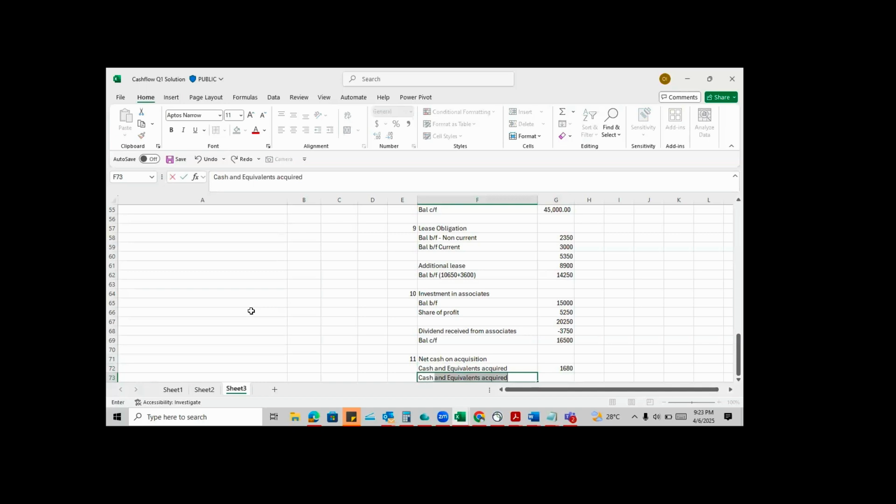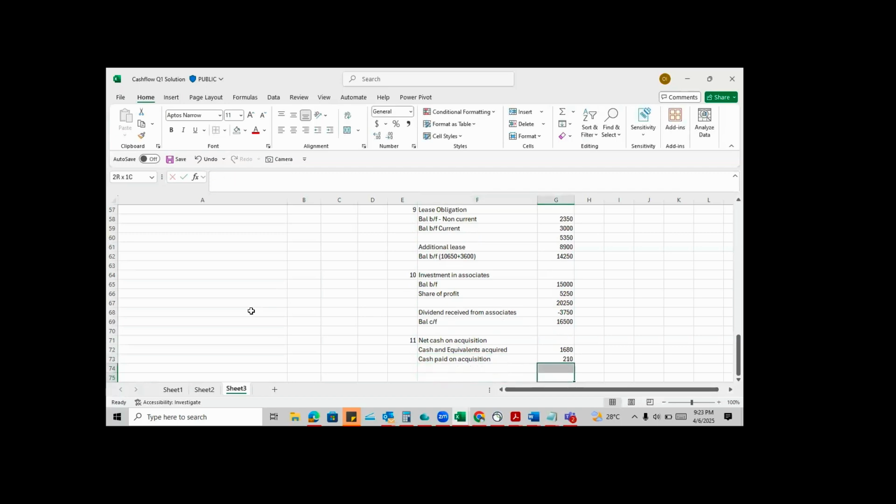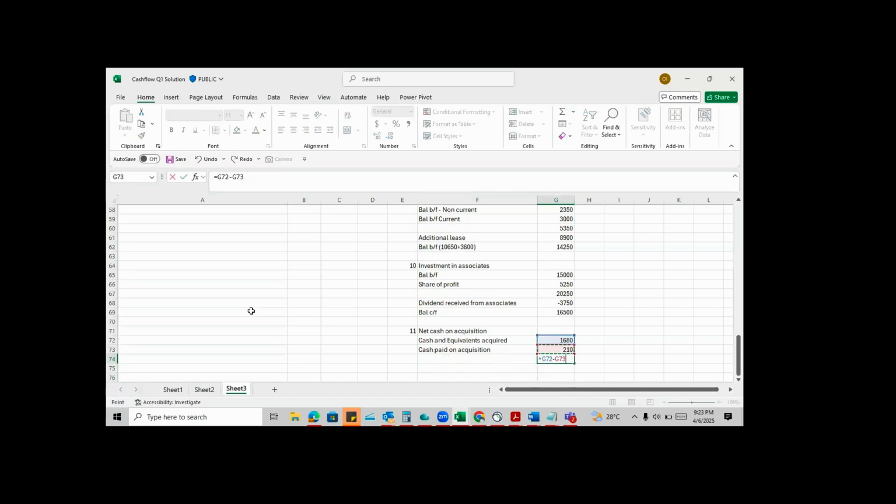Now cash paid on acquisition was how much? 210. The difference between these two is how much? 1,470. All right.